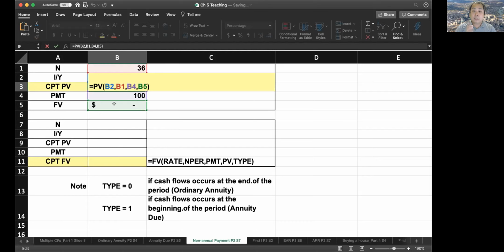I actually made a mistake in the previous example because I did not change the mode of the calculator.